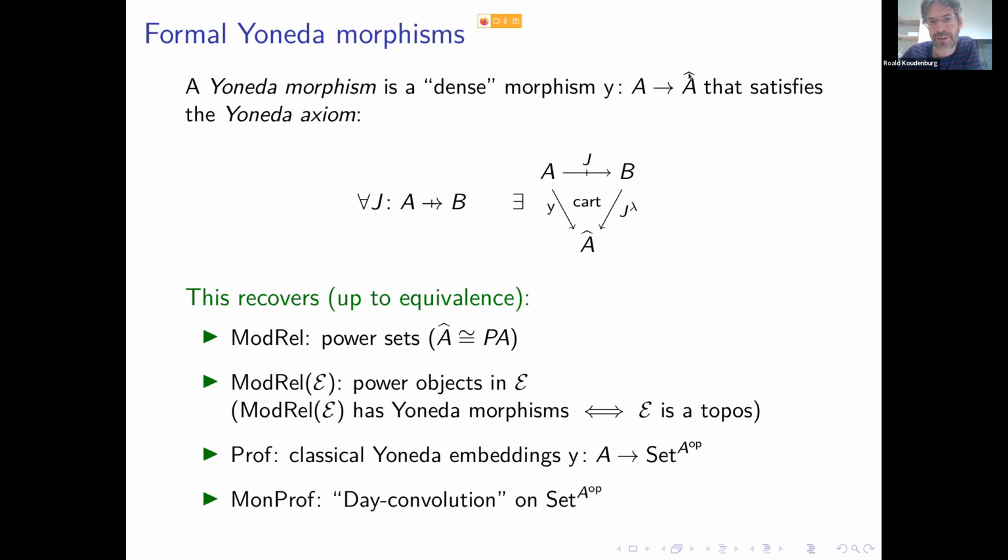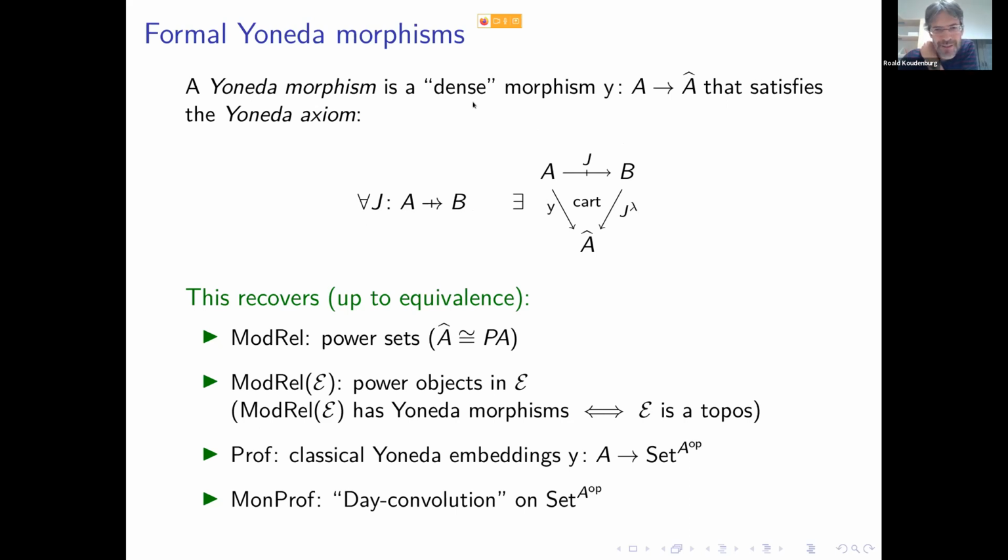Y from A into A hat that satisfies the Yoneda axiom: for every horizontal morphism from the source of Y into B, there exists just a Cartesian cell like this with on the right a vertical morphism, J lambda.